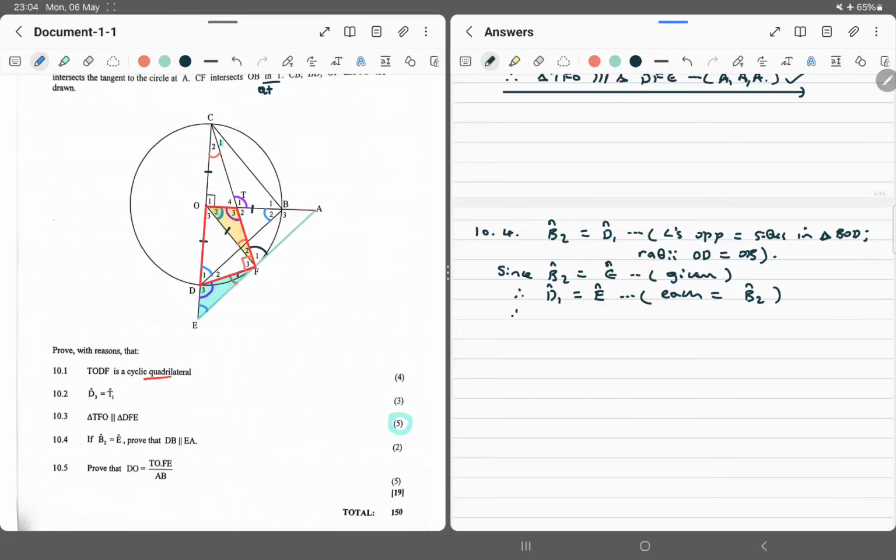We can then make the conclusion that therefore DB is parallel to EA. We can say corresponding angles are equal.